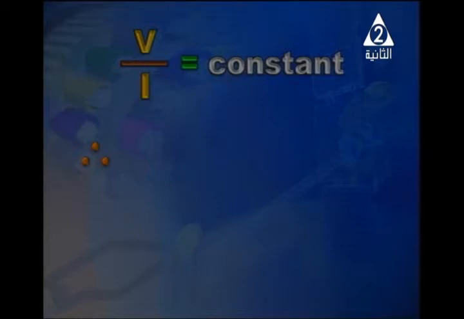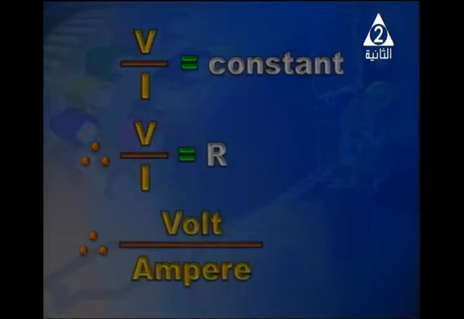So the ratio between V, potential difference, and current is a constant. We call it resistance. So V over I equals R. So we can say volt over ampere is equivalent to ohm.